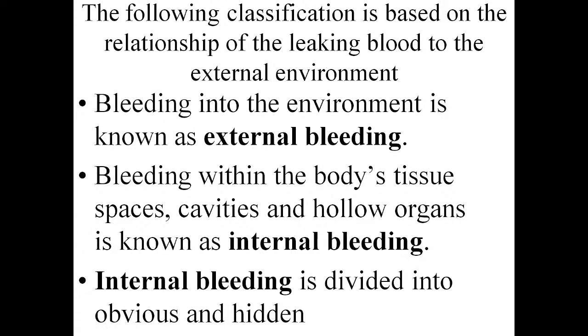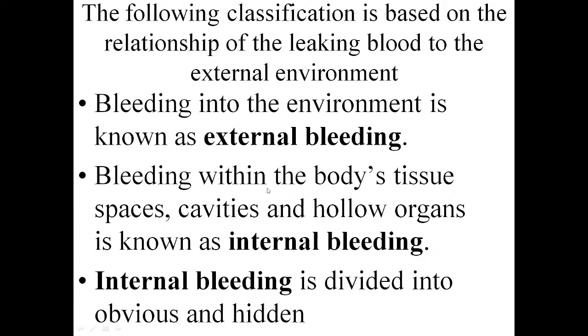Student, bleeding has many classifications, and the following classification is based on the relationship of the leaking blood to the external environment. Bleeding into the environment is known as external bleeding.